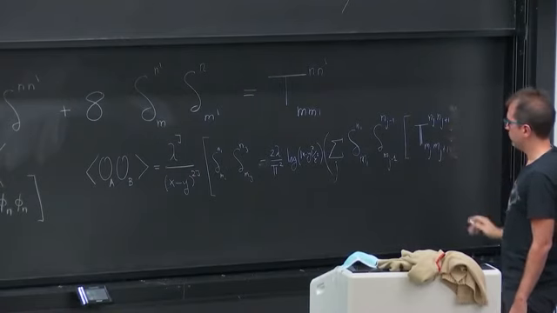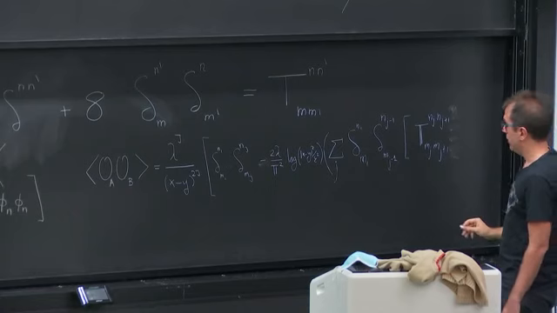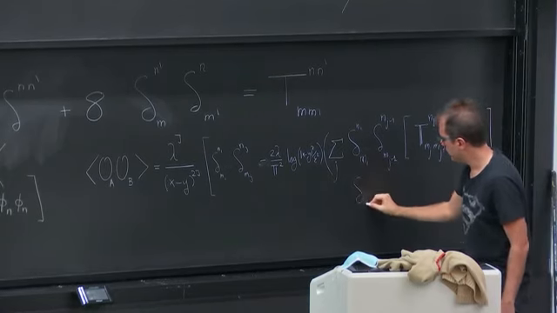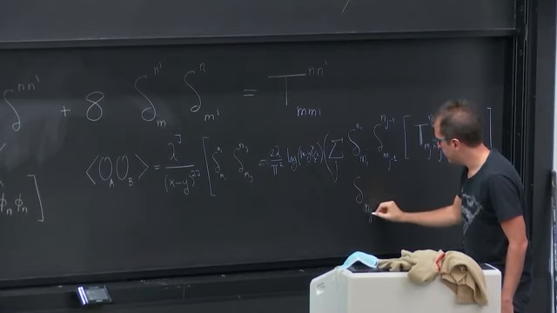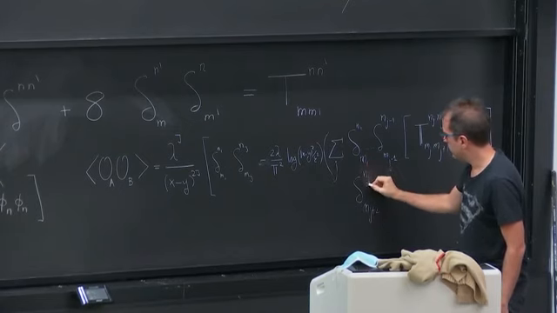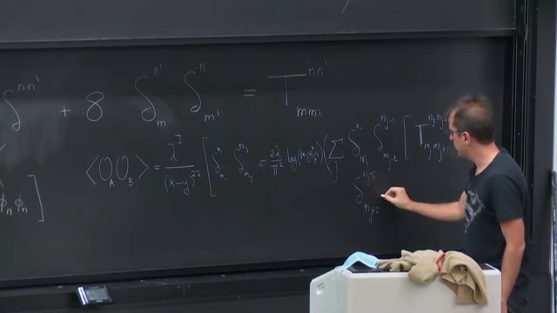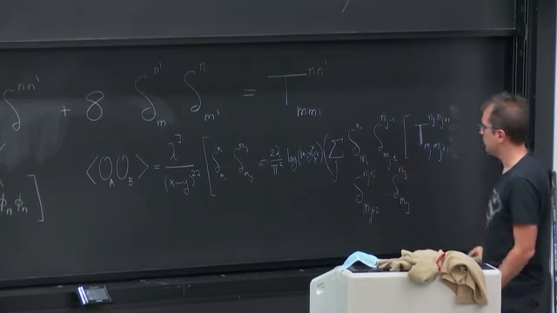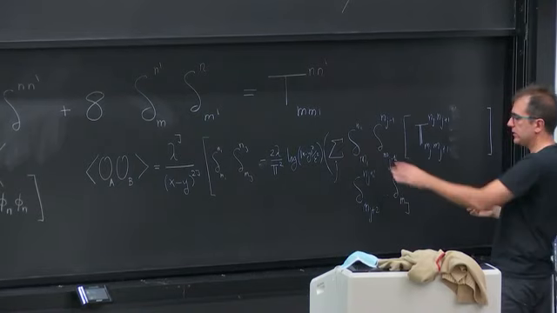Sorry, I don't want to close the parentheses yet. Then, let me put here. And then I have delta of the n m j plus 2 go to n j plus 2, delta m capital J goes to n capital J. So almost everything contracts directly except here.